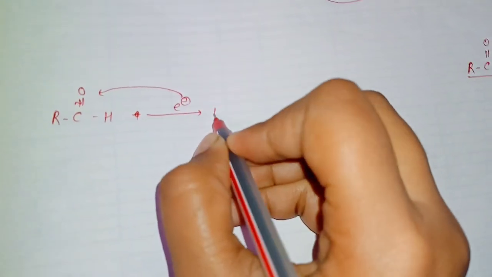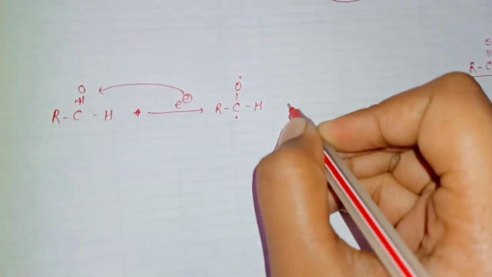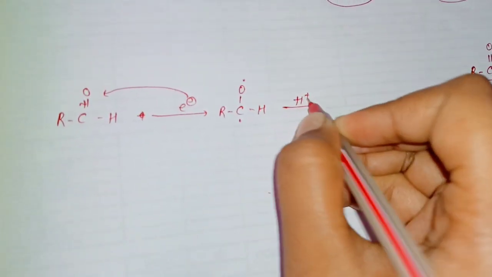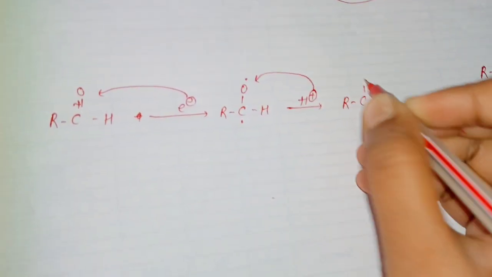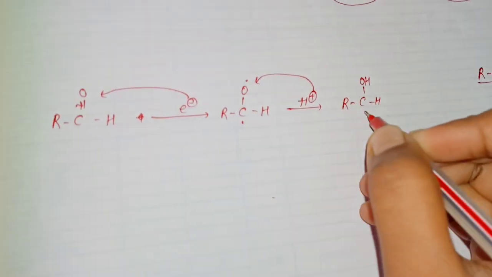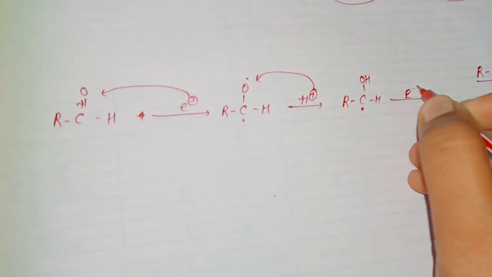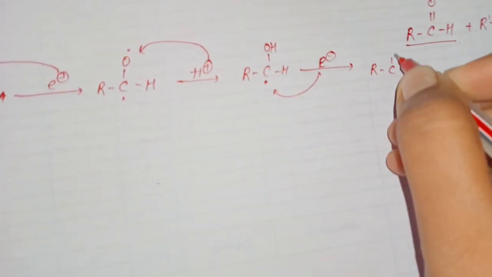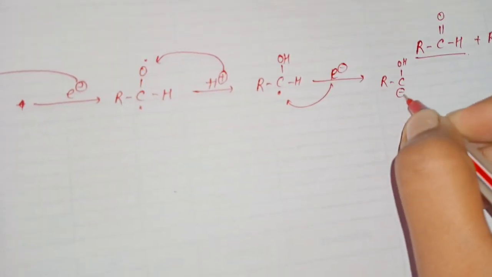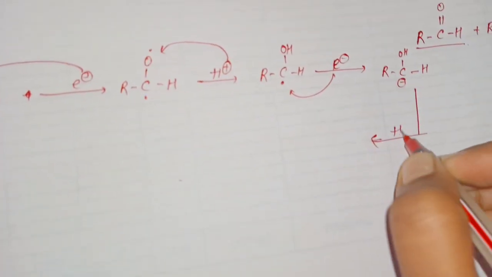Bonds break. We get R–C–O• with C•–H, which again reacts with H⁺ at the oxygen. We get R–C–OH–H free radical, which again reacts with the electron. We get R–C–OH⁻–H, which again reacts with H⁺.